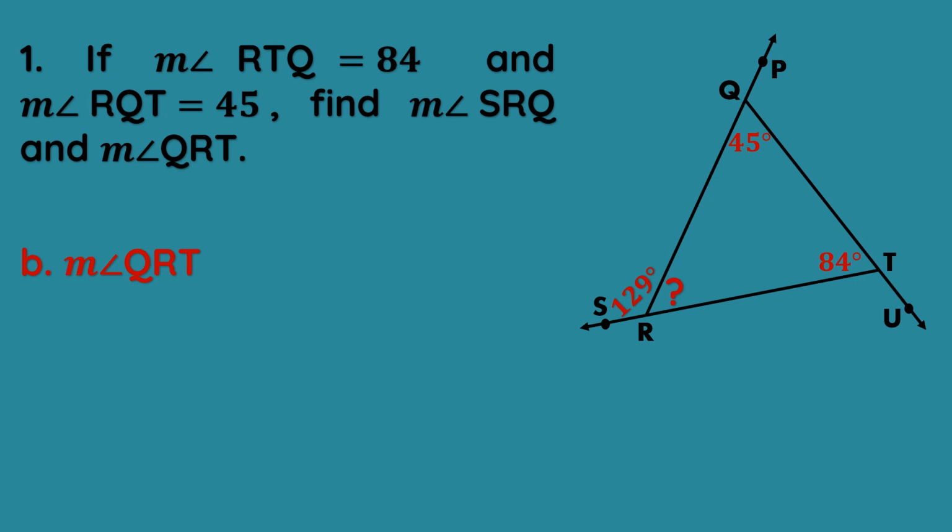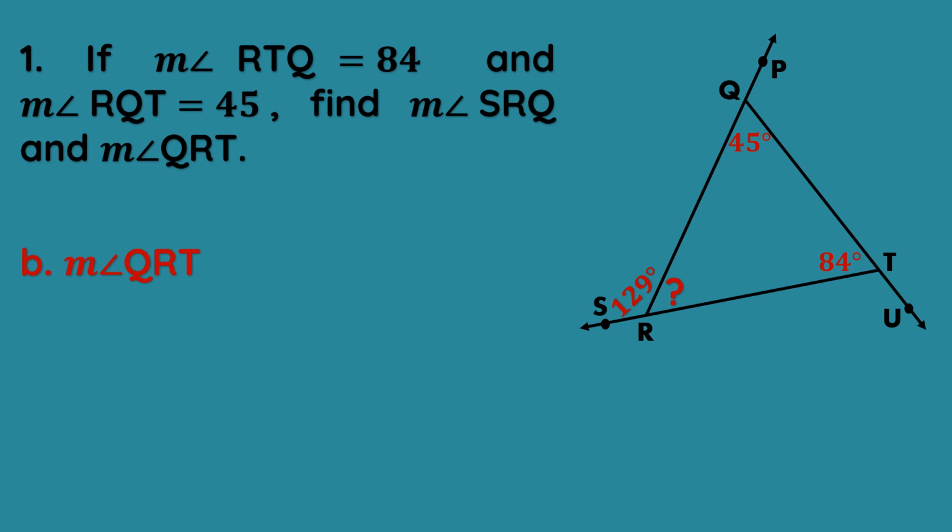Angle QRT is an interior angle adjacent to angle SRQ, which is an exterior angle. By definition, if an exterior angle and an interior angle are adjacent, then these two angles are supplementary since they form a linear pair, meaning their sum must be 180 degrees.